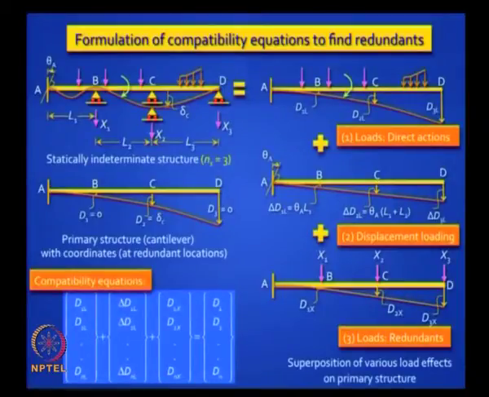So what I have written here, the first column on the left side is the deflections that you get by the direct forces on the primary structure, which is what we showed here. Next are the additional deflections which you get in case you have indirect loading at non-redundant locations. If you have displacement at redundant locations, they get covered on the right hand side here, not here. Is it clear?